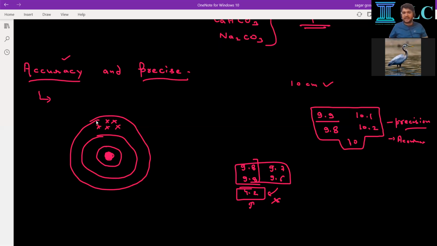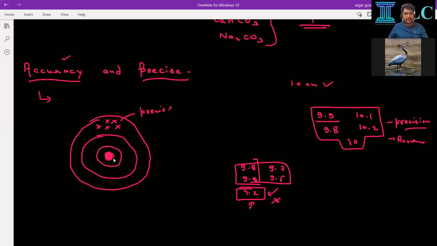Your all values are lying in the outer circle. High precision, low accuracy. It means all the values are lying close to each other, so your values are precise, but not accurate. You are not close to the true value, so you will not be considered accurate.